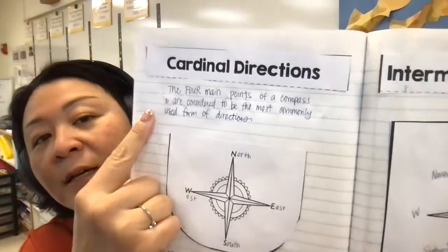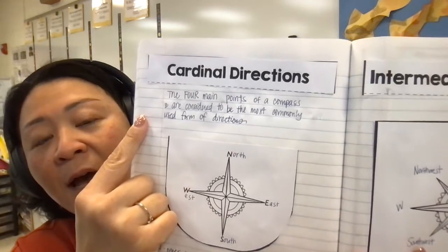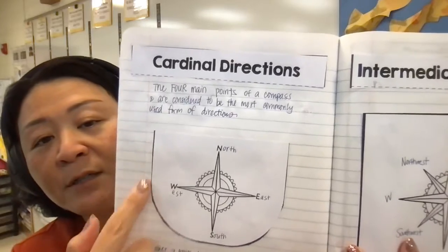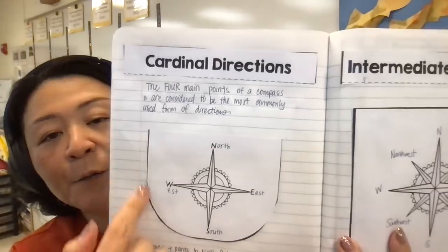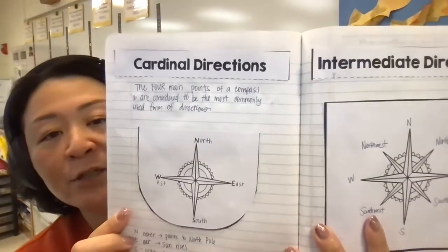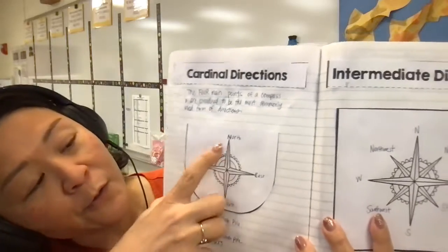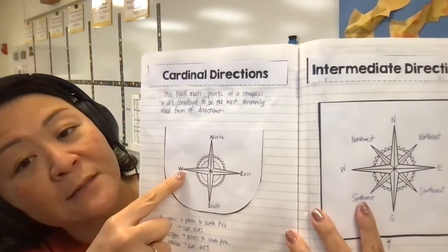So the first thing, cardinal directions are the four main points of a compass and are considered to be the most commonly used form of directions. So this is a compass rose, but it just has the cardinal directions. So the four cardinal directions are north and south, east and west.